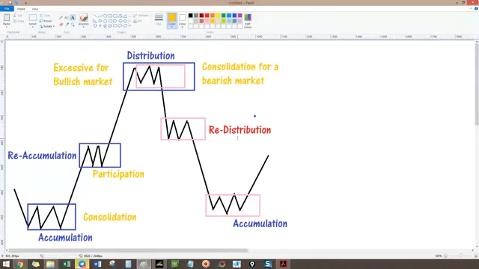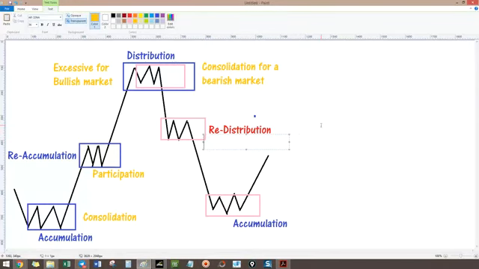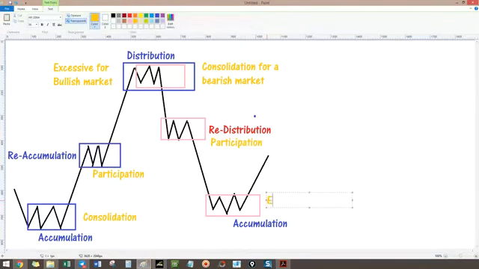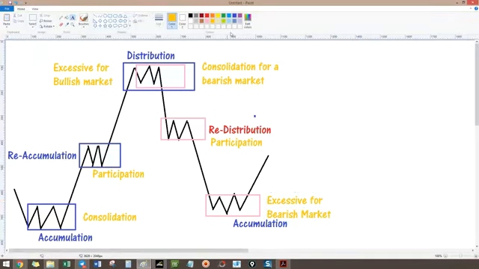And over here is participation, and over here is excessive for the bearish market.